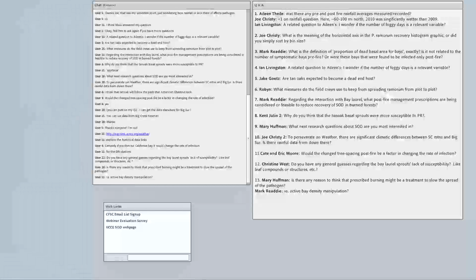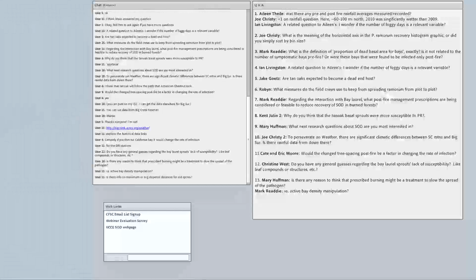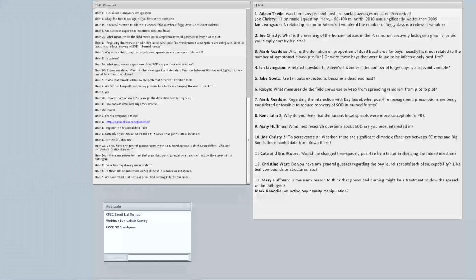All right. Well, and then Mark's got one more question here. Is there info on maximum or average dispersal distances for sudden oak death spores? Yes, there is. It's generally said that the spores generally disperse less than 300 feet, but they can disperse up to 3 kilometers as well.